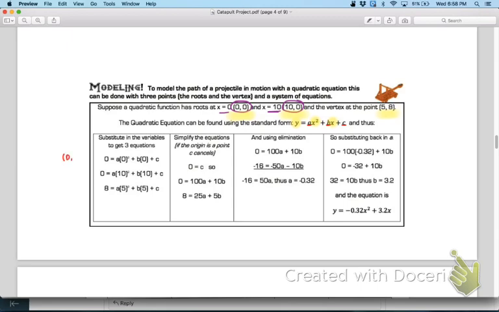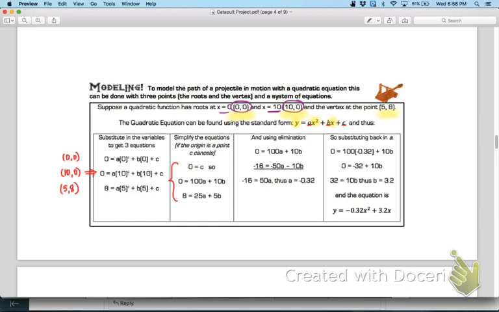So this one they used (0, 0). This one they used (10, 0). And this one they used (5, 8). Each of those ordered pairs plugged into the standard form equation. And when you simplify that down, we end up with this system.